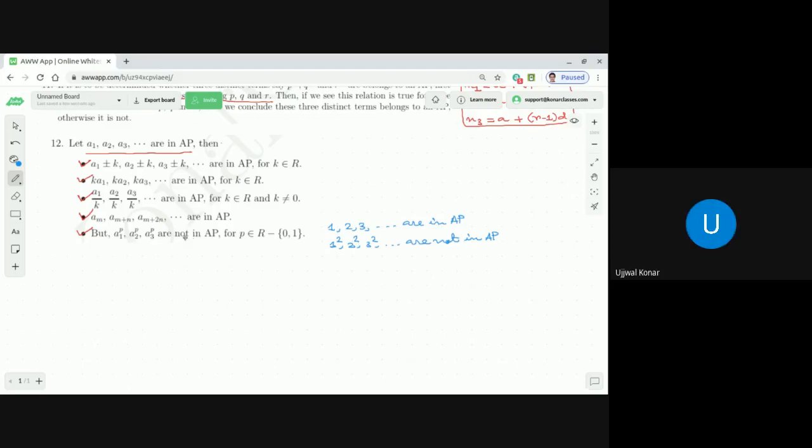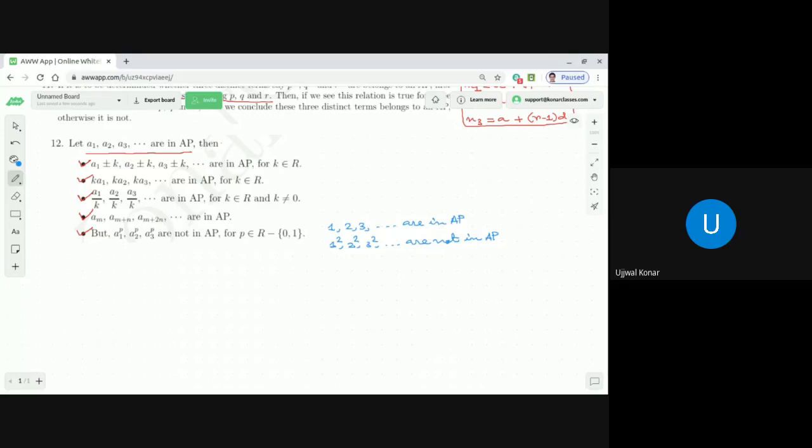But if P is 0, then what will happen? All the terms will be 1. A1 power 0 is 1, A2 power 0 is 1, A3 power 0 is 1, because anything power 0 is 1, dear student. So then obviously it is in AP. And if P is 1, then what do we get? A1, A2, A3, they are in AP because it is already given.